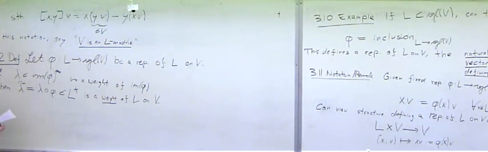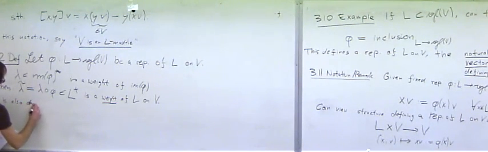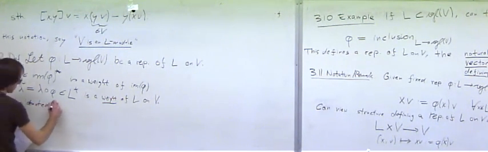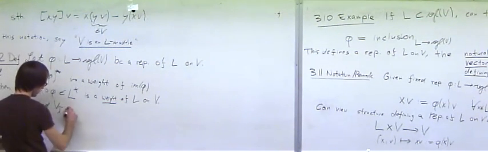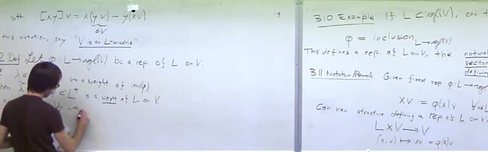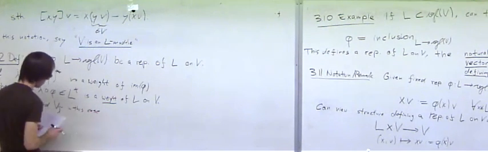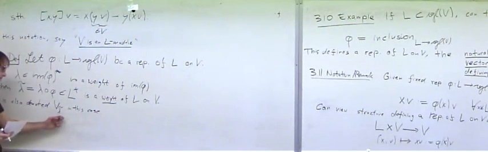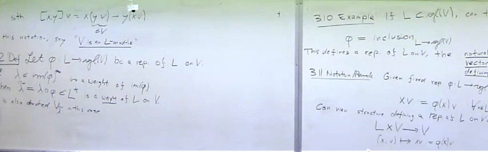Yeah. Then, and the other things similarly. V lambda is also denoted V lambda tilde in this case. So lambda is a linear form on the image.